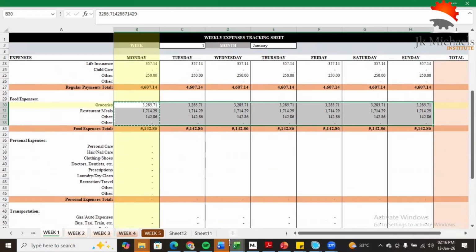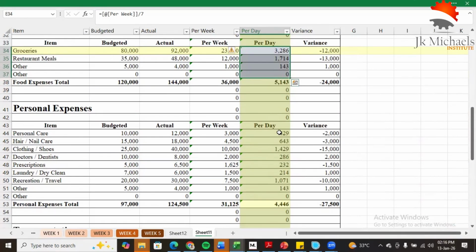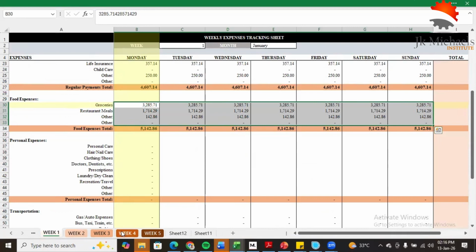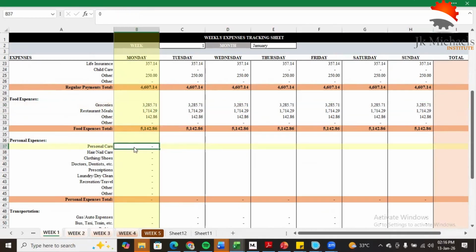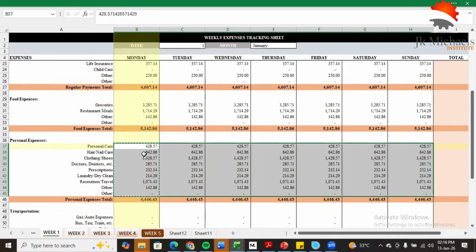Let's look at personal expenses. We'll go back to sheet 11. Our personal expenses broken down for the whole year. We come into week 1, we use our control key down to week 4, and then we paste. And then we copy, shift, and then we lock this in, right?